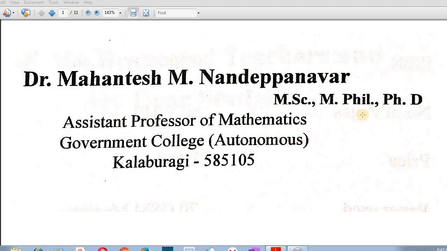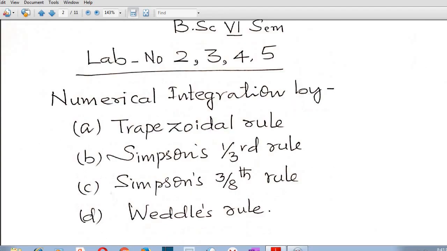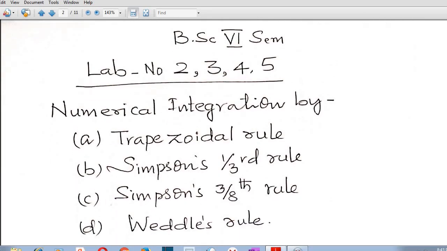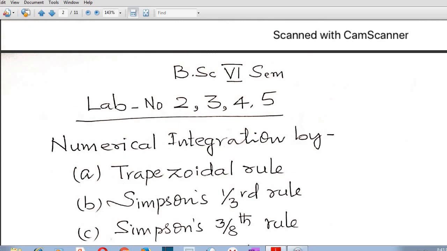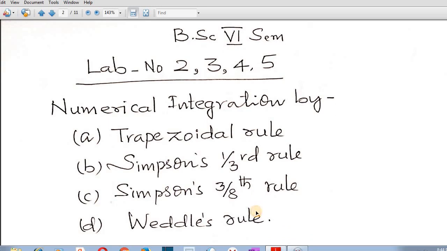Let me briefly go over the methods and rules first. This is the BSc 6th semester syllabus: lab 2 is numerical integration by the trapezoidal rule, lab 3 by Simpson's one-third rule, lab 4 by Simpson's three-eighths rule, and the fourth is Weddle's rule.